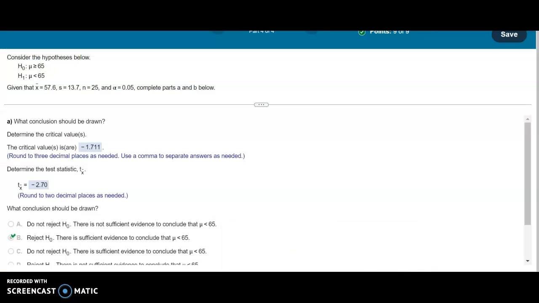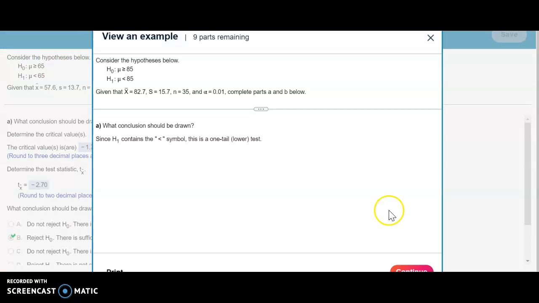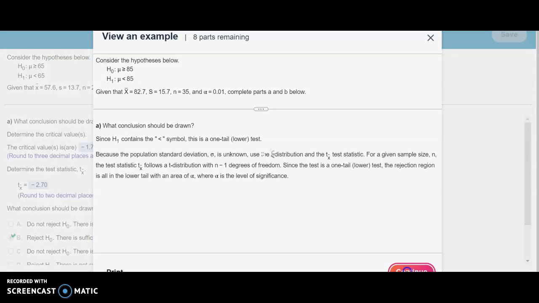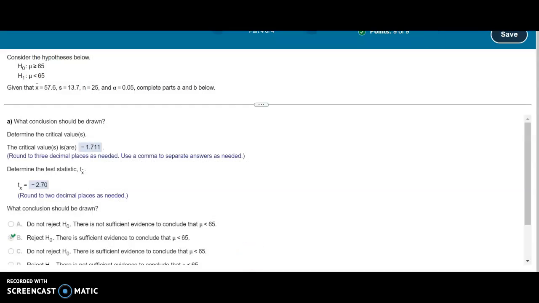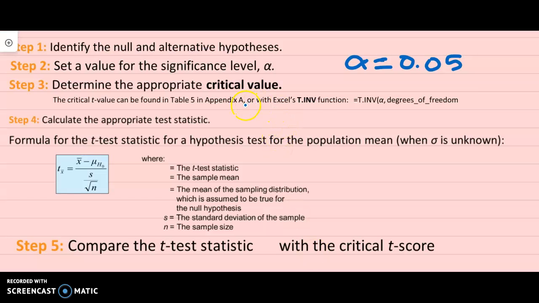Now we are at the step where we want to determine the appropriate critical value. For this question, we look at the example, and it says that for this problem use technology. So we're going to be using Excel. If you look at our notes here, in the PowerPoint, it's the T.INV function, and you will need alpha and the degrees of freedom.